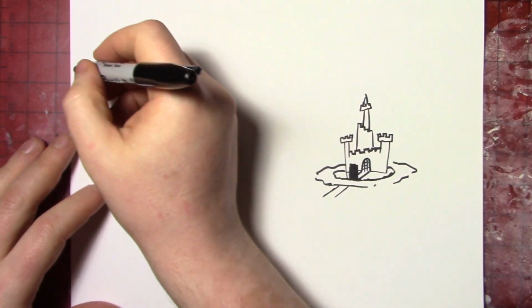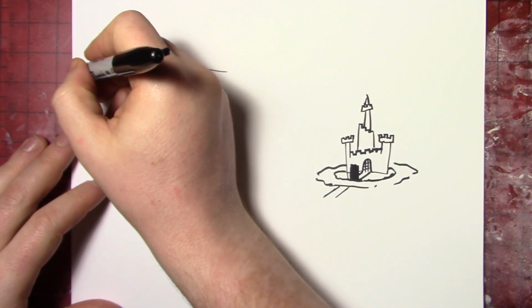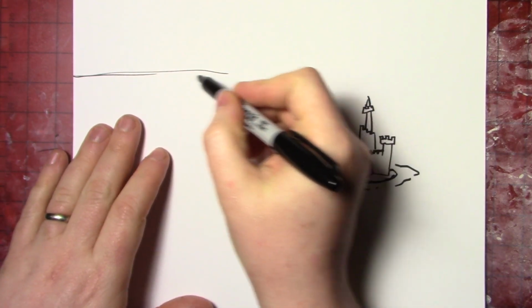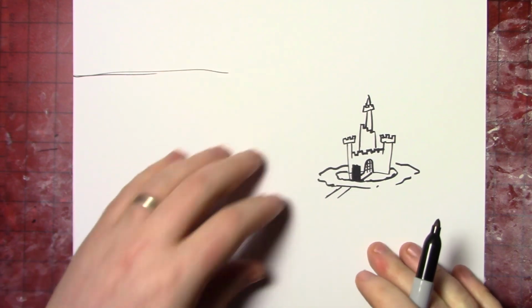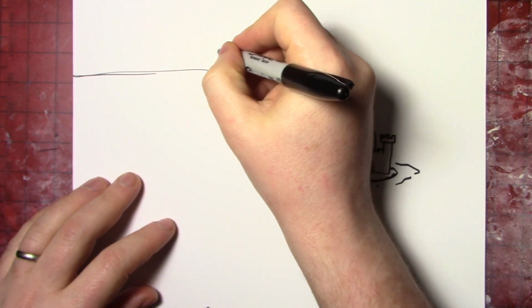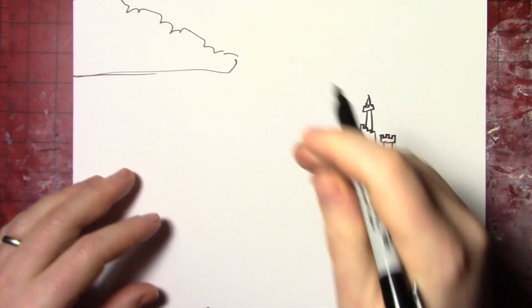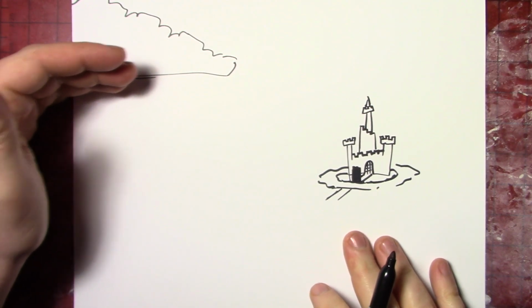Let's start with some clouds for our storm. We're going to start with a really big cloud. It's going to be cropping off the side of the page. I've got this straight line which is going to pull our eyes in from the left side of the page, and then the cloud is going to bump up and out, fluffy on top, right? So this is two lines.